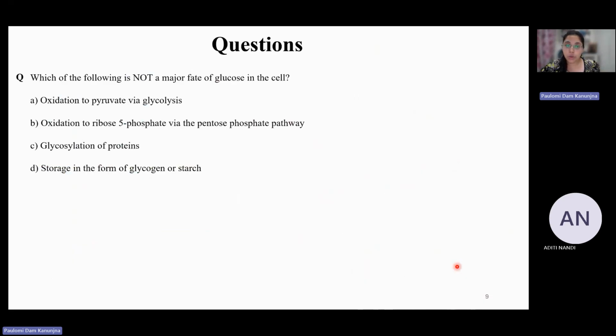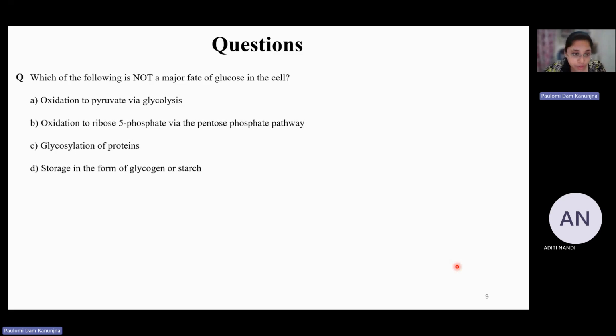Okay. So since we have finished the first phase, let's try to look into some questions and try to answer this. So this question says, which of the following is not a major fate of glucose in the cell? So whenever there is glucose uptake, which of the following pathways is not a mandatory thing to happen?